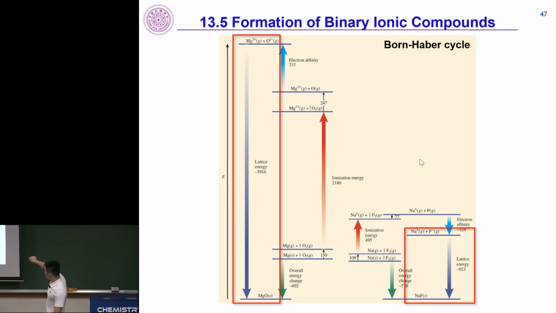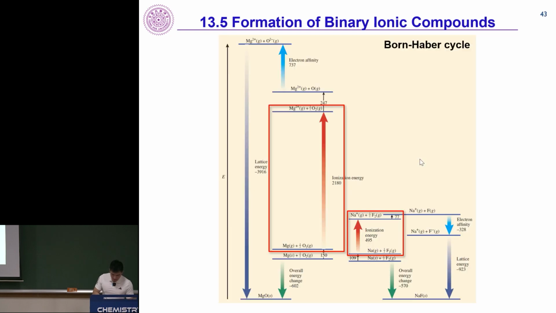So if you multiply the sodium fluoride number by 4, you get about 3,692, while for magnesium oxide the lattice energy is about 3,916. So indeed, you can see lattice energy is actually slightly more than 4 times, right? Which makes sense just by looking at electrostatic interactions.